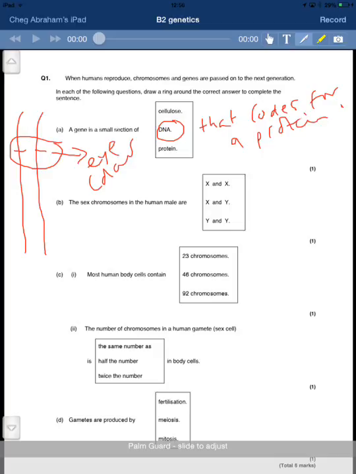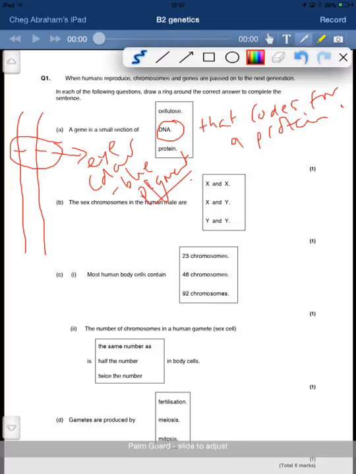It will do that by producing a blue pigment. That is the protein that will be made. So eye color is a gene that decides what color the pigment of the eyes is going to be, and that will be a protein.